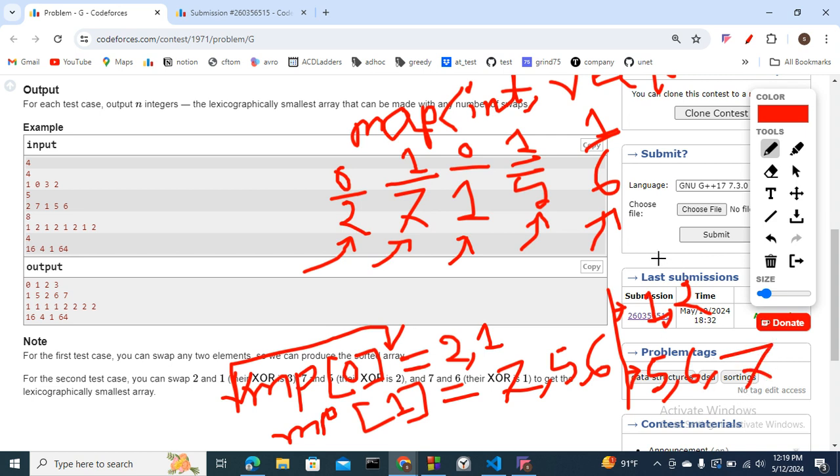Now we traverse backward from the nth element to the first element. We got 6, which is in group 1.